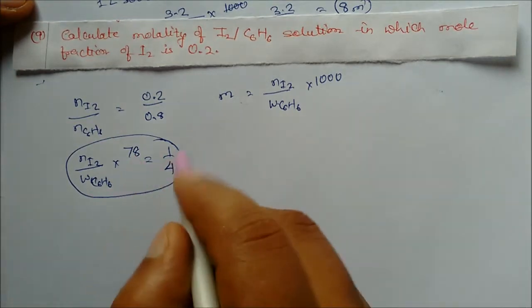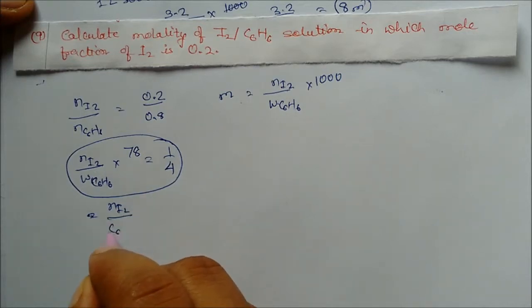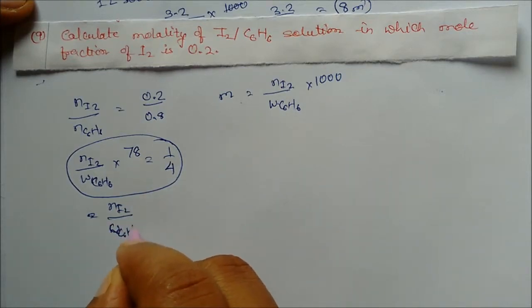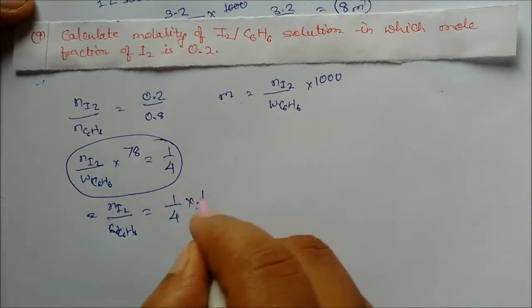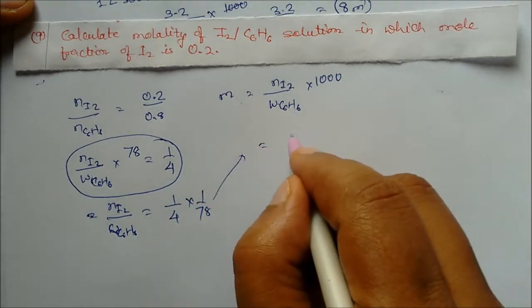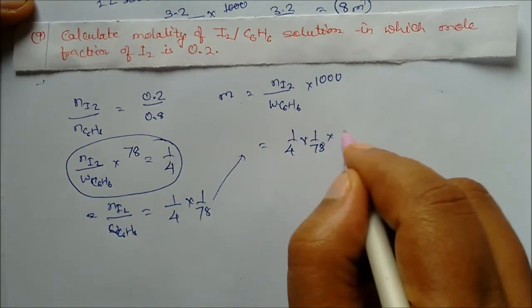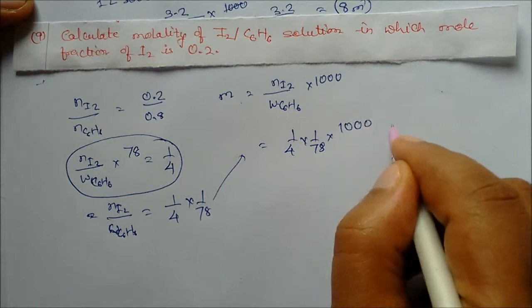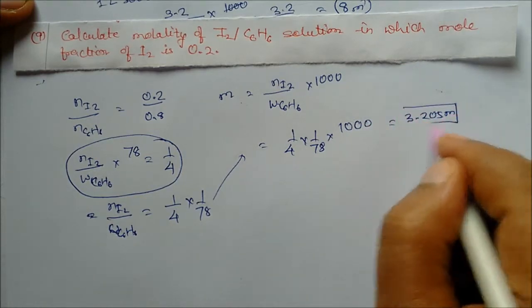If you multiply, keep this side, nI2 by weight of C6H6 equal to 1 by 4 into 78. So we will put this value directly over here. So here we can write 1 by 4 into 1 by 78 into 1000. So on solving you will get here 3.205 molal. This is the result.